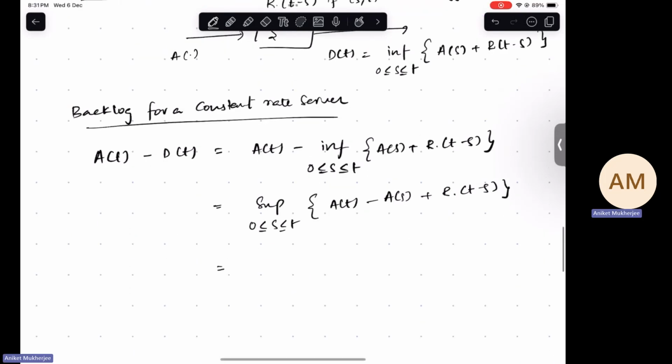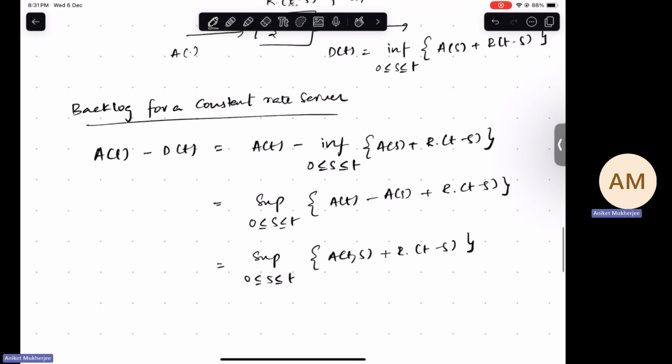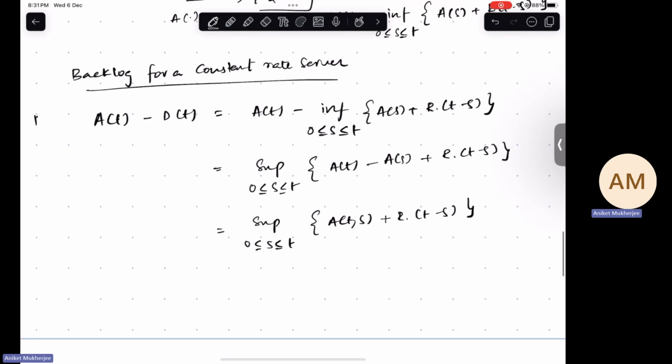But we know that A(t) minus A(s) is A(t, s). So this is the backlog B(t) for a constant rate server.